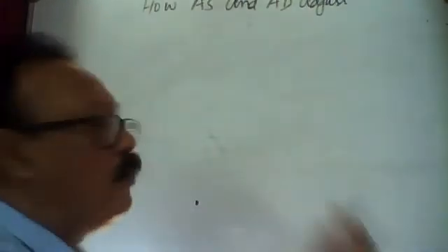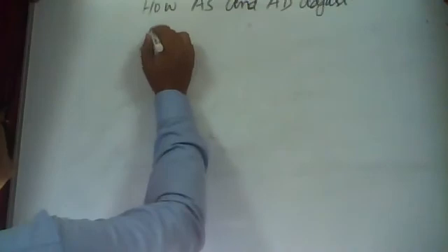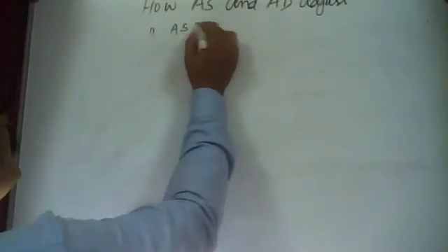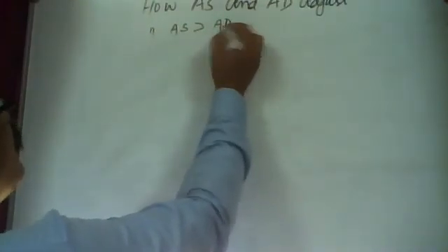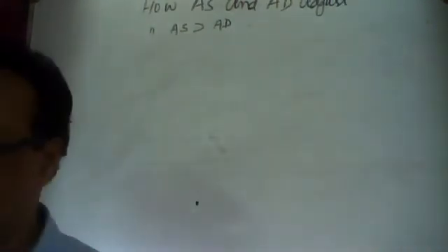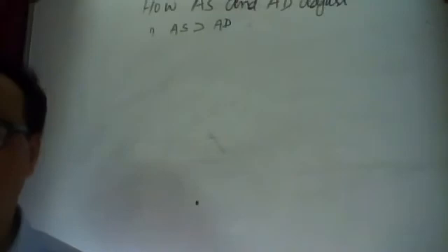How? Look at it now. When AS is greater than AD, first case, if AS is greater than AD, what does that mean?